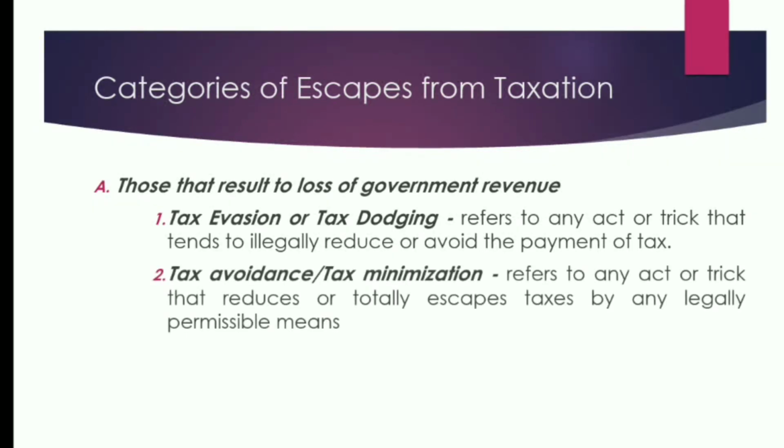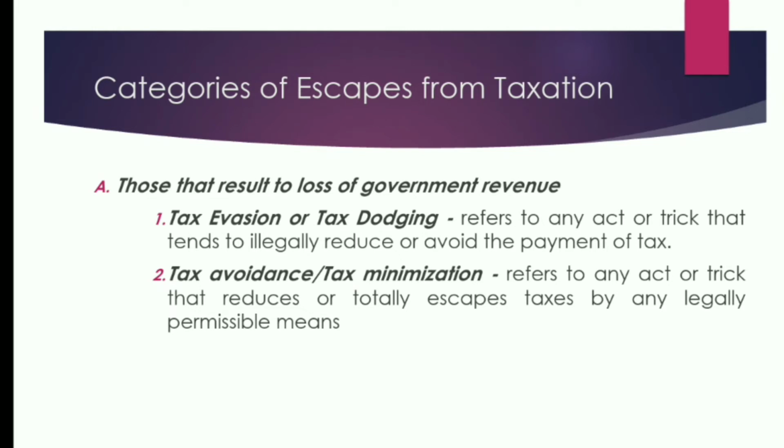Tax avoidance or tax minimization refers to any act or trick that reduces or totally escapes tax by any legally permissible means. Examples include selection and execution of transactions that would expose the taxpayer to lower taxes, maximizing tax options, tax carryovers or tax credits, and careful tax planning.